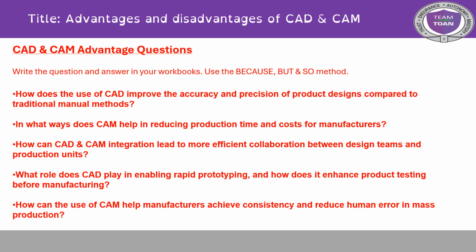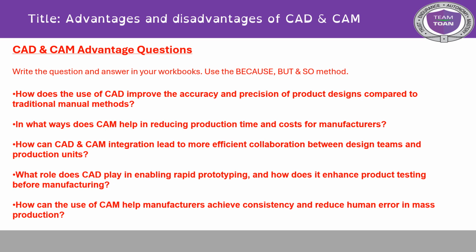Okay, here are some CAD and CAM advantage questions. So write the question and answer in your booklet. Use the because, but, and so method. How does the use of CAD improve the accuracy and precision of product designs compared to traditional human methods? In what ways does CAM help in reducing production time and cost for manufacturers?